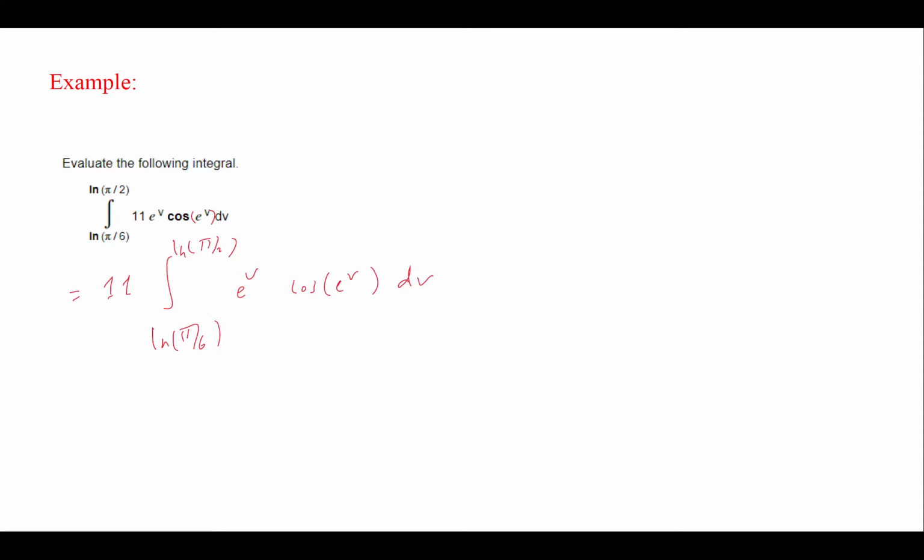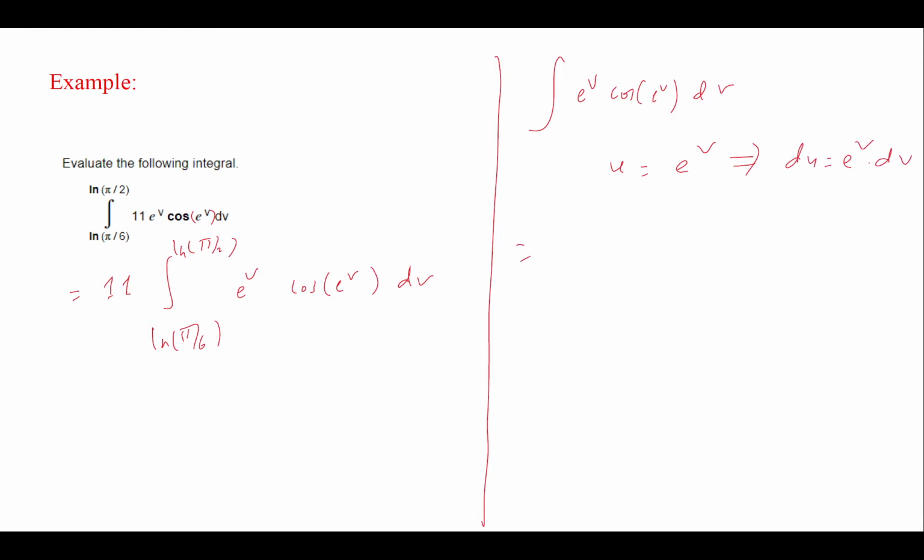As you can see, this e to the power v is repeated, and if we can find the integration of e to the power v cosine e to the power v dv, then we can plug that value back here and use the fundamental theorem. So for this, let's say u equals e to the power v, so then du equals e to the power v dv.